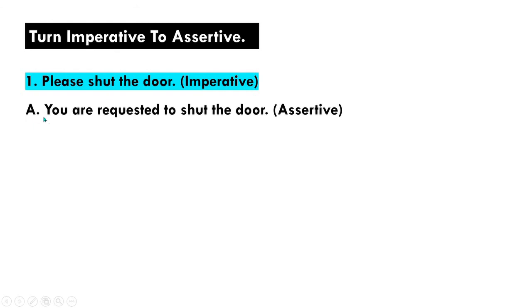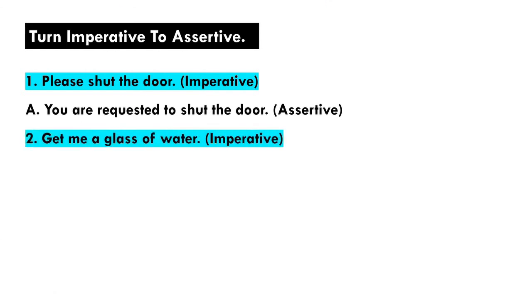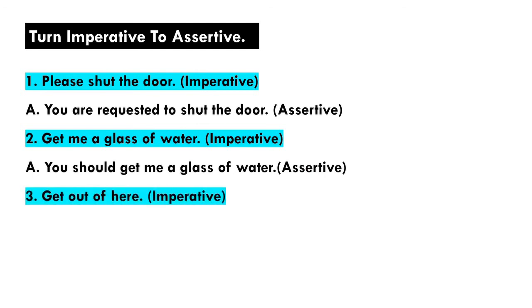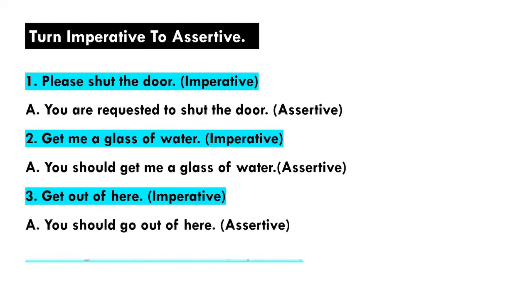Here the subject comes first, then the verb, and then at the end a full stop. This is called the assertive sentence. Second, "Get me a glass of water." It is imperative. So in assertive we will say "You should get me a glass of water." Third, "Get out of here." So we will say "You should go out of here."